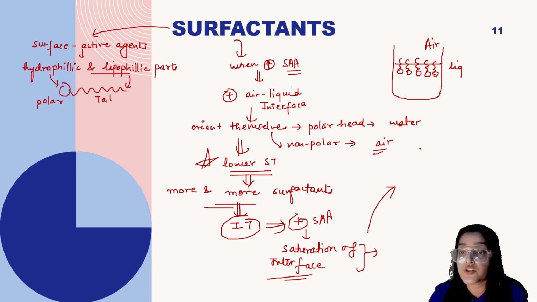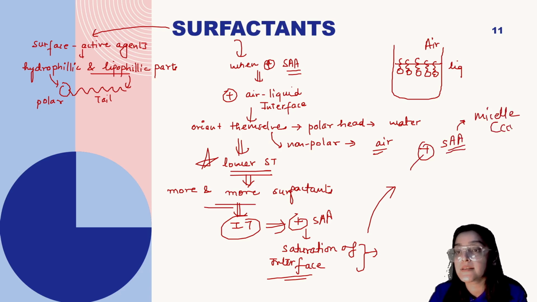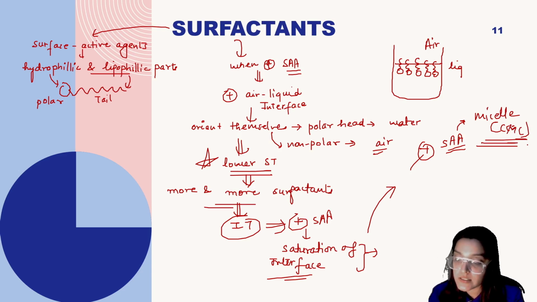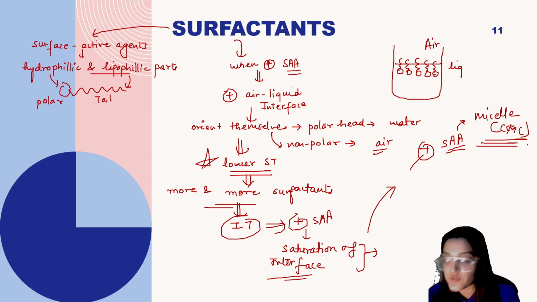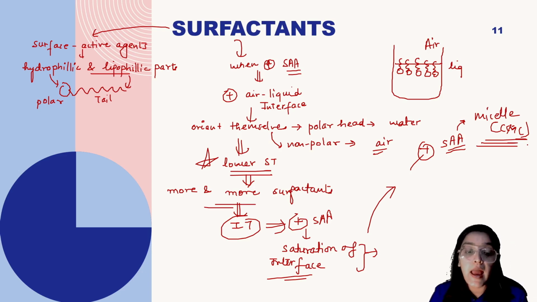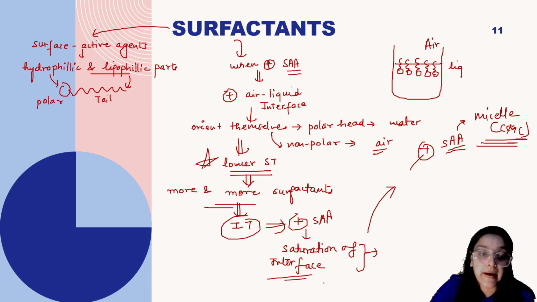So after the saturation, if you add more surface active agents, it is going to form micelles at a concentration known as critical micelle concentration. Very, very important concept students. Beyond the saturation point, the excess surfactant is going to move into the bulk and form micelles.